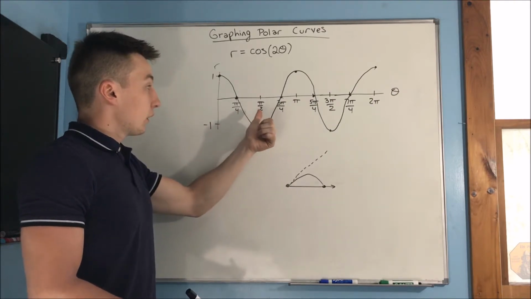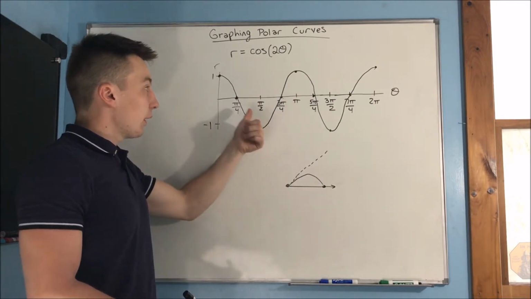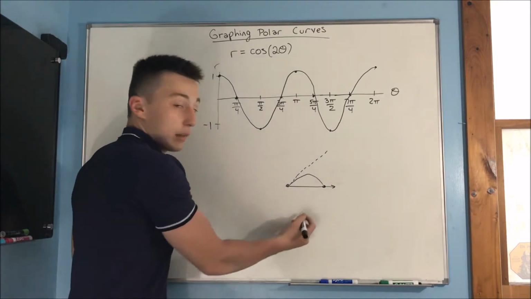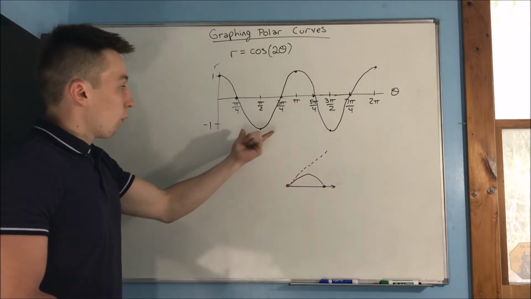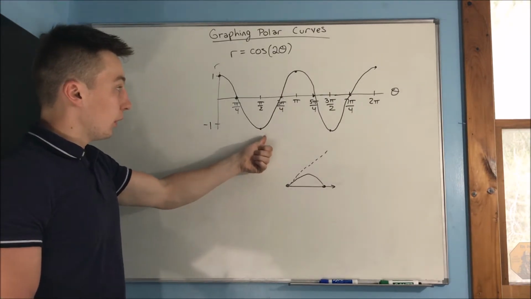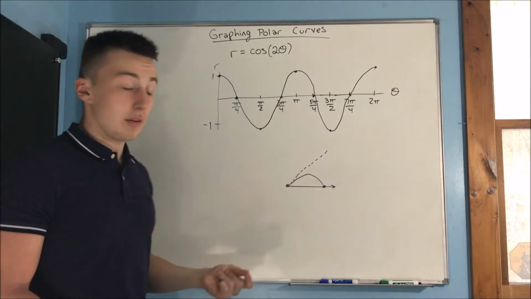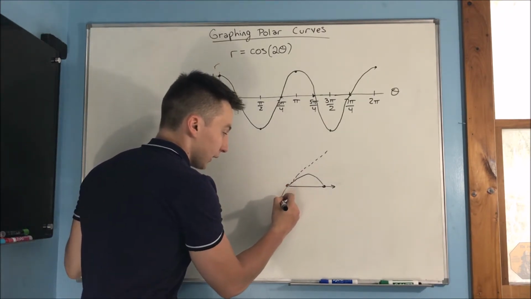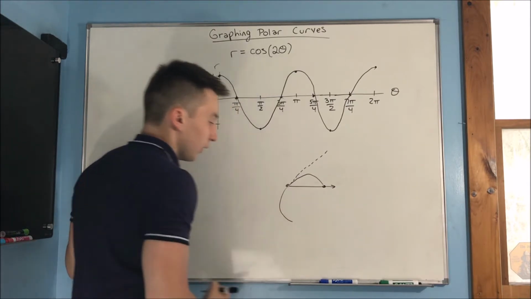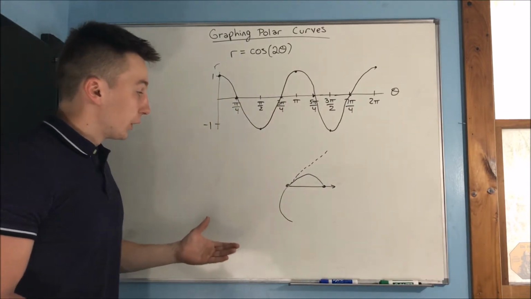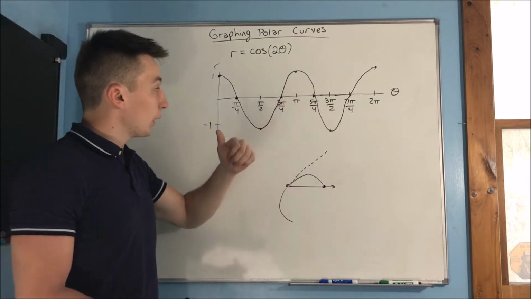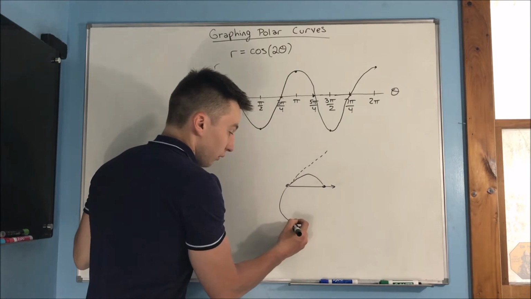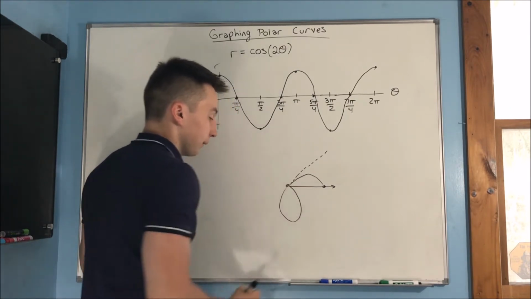Now, as we approach pi over 2, we're in the negatives, so we're actually going to be down here, and when we get to pi over 2, we're going to be at a radius of -1. Our r is going to be -1. So that's going to end up looking more like this. Now we're going to go to 3 pi over 4, and that's going to look more like this.